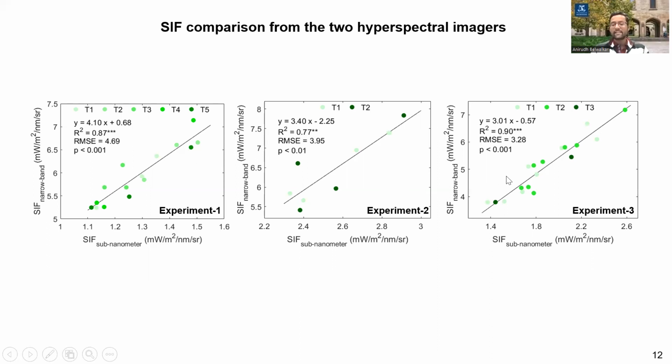However, for all the three experiments with different nitrogen treatments, a significant relationship between SIF captured from the two hyperspectral images was observed. These results demonstrate that the SIF obtained from narrowband imagers is quite reliable when compared to the SIF sub-nanometer. However, the absolute value is still overestimated.